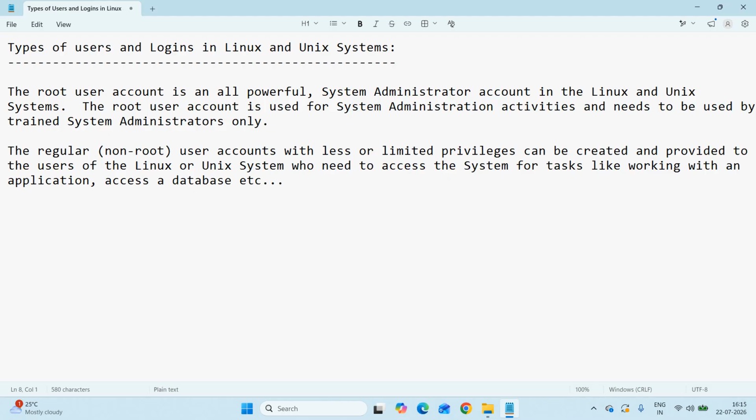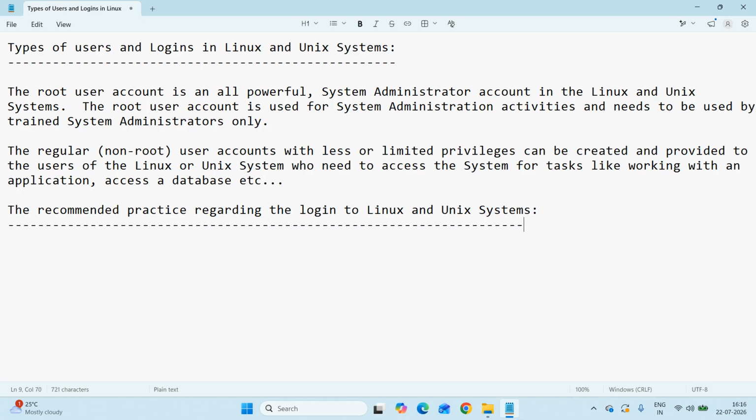Alright people, now with respect to the recommended practice regarding the login to Linux and Unix systems, it goes like this, people. I'll write the details now about this next. Okay, what is the recommended practice regarding the login to Linux and Unix systems?